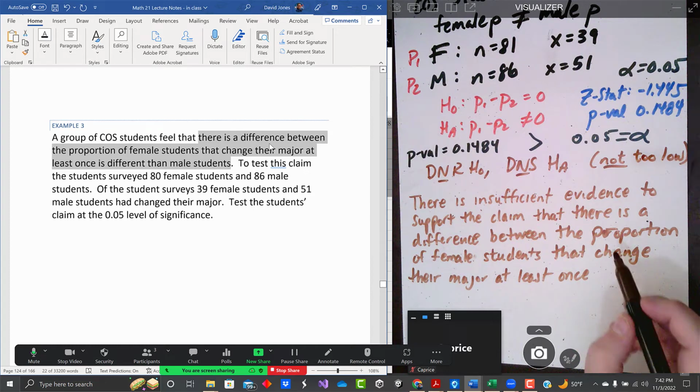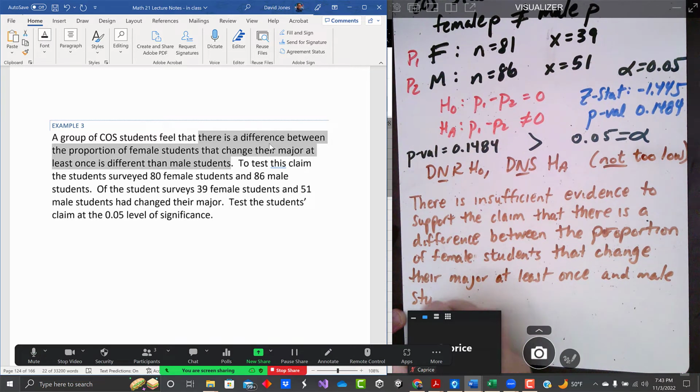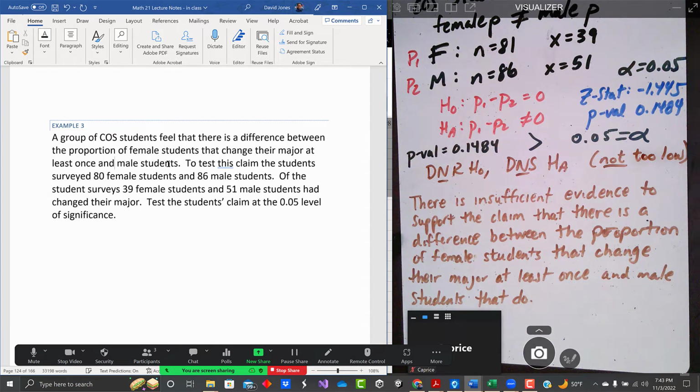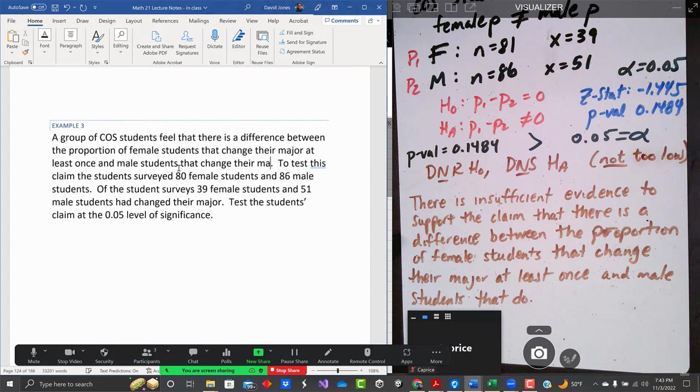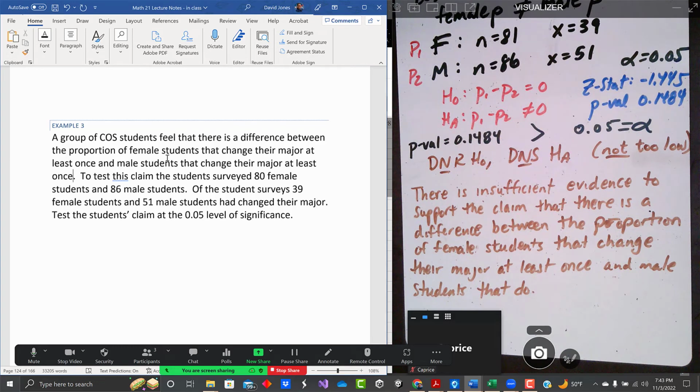There's a difference between the proportion of female students that change their major at least once and male students that do. That way it reads a little bit better next semester when I teach this again.